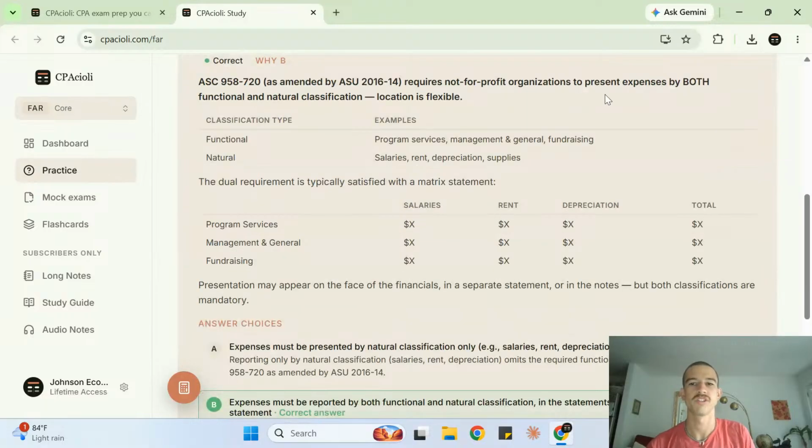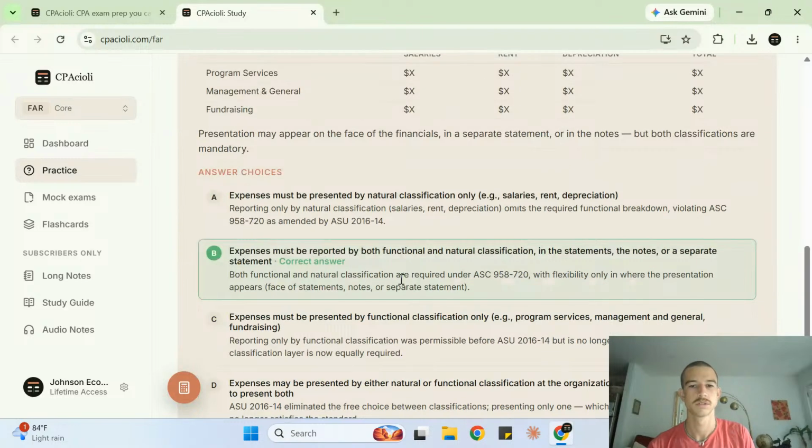This requires not-for-profit organizations to present expenses by both functional and natural classification, with flexibility only in where the presentation appears: the statements, notes, or a separate statement.